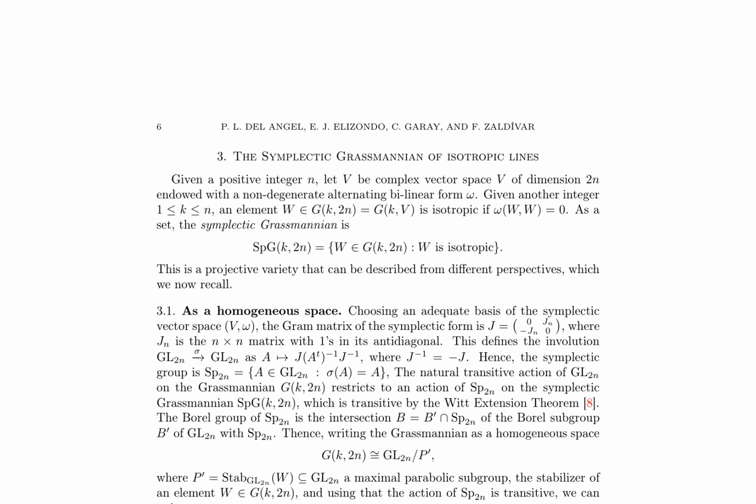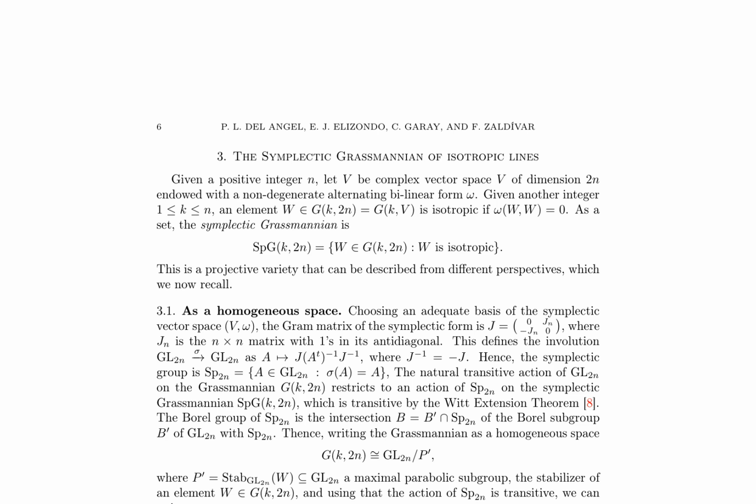The symplectic Grassmannian of isotropic lines is a projective variety defined over a complex vector space V of dimension 2n, endowed with a non-degenerate alternating bilinear form omega. Given an integer 1 is less than or equal to k is less than or equal to n, an element W of G(k, 2n) is isotropic if omega restricted to W equals 0.